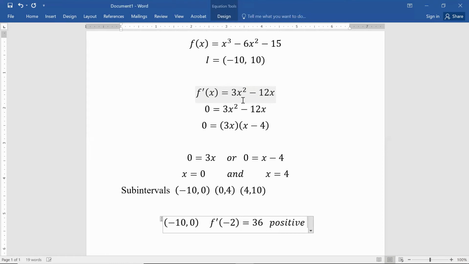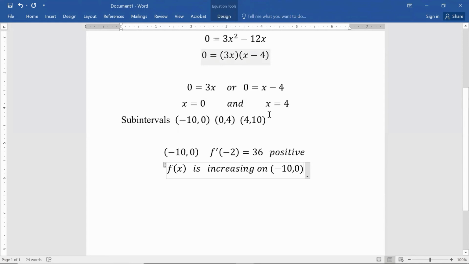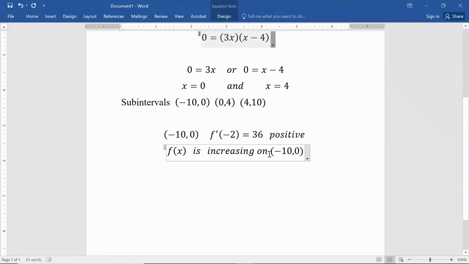Now, the only thing I really care about is the fact that this is positive, because that forces my original function, f of x, to be increasing on the interval from -10 up to 0. So my original function has to be increasing on -10 up to 0 because we got a positive first derivative.